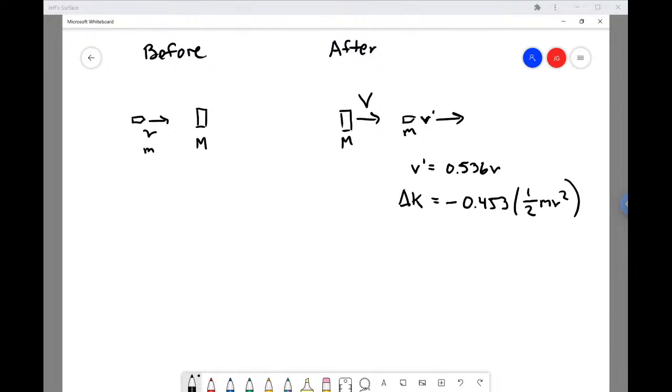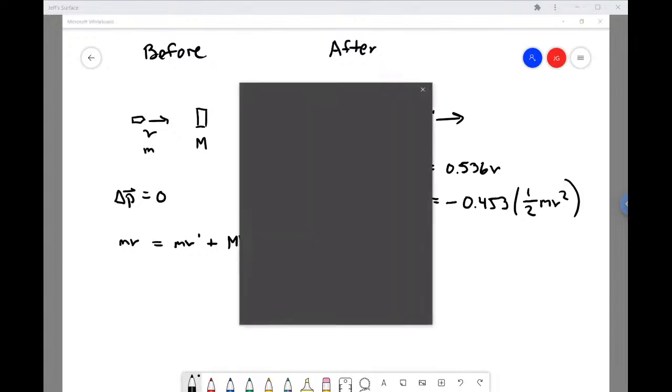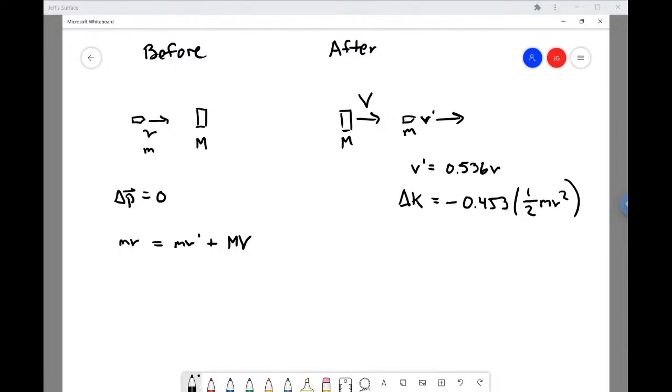All right, so with conservation of momentum, the change in momentum is 0. We can write that the momentum before the collision is m times little v. And that must be equal to the total momentum after the collision, which is going to be m times little v prime plus big M times big V, the mass of the paper times its velocity. One thing we can do here is v prime is 0.536 little v, so we can put that in there.